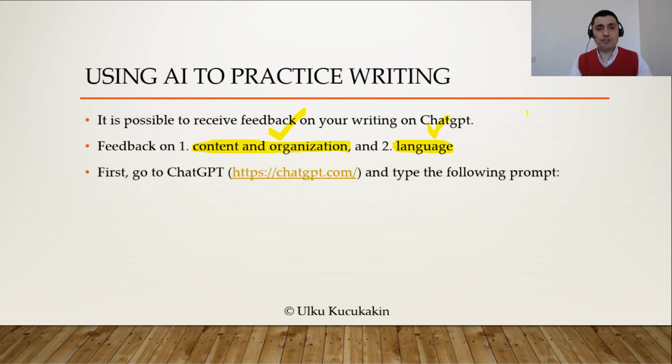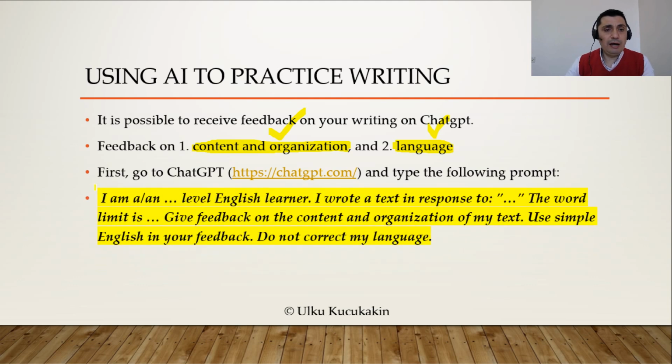So what do we do? First, we go to ChatGPT or any other language or AI program for that matter, and we type the following prompt, okay? So, I am an X level English learner. I wrote a text in response to this. So here we have our topic here, okay?